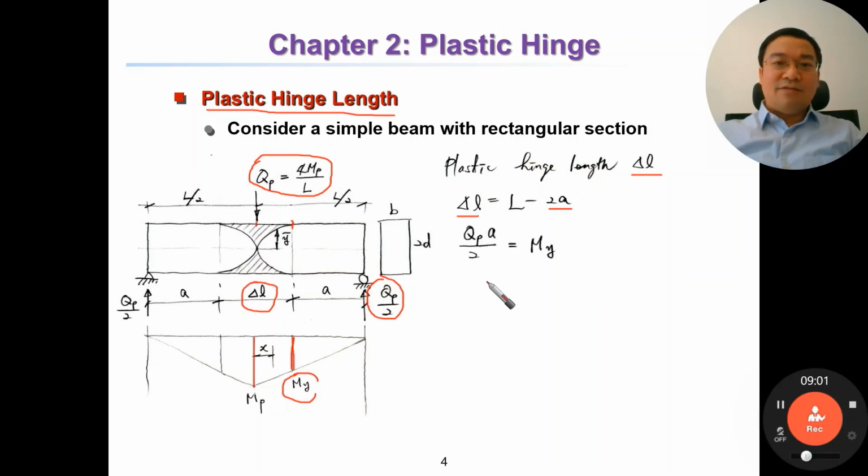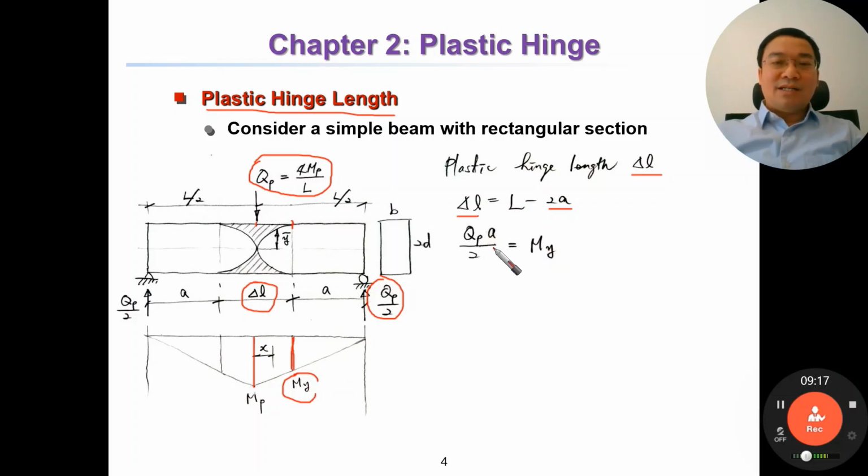So what is the relationship? We have QP over 2, that is the reaction, multiplied by the lever M, equal to My.